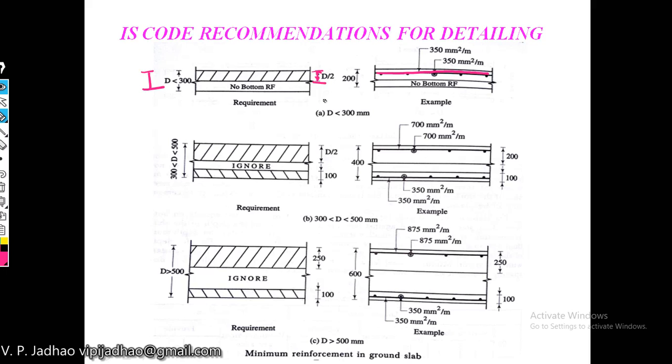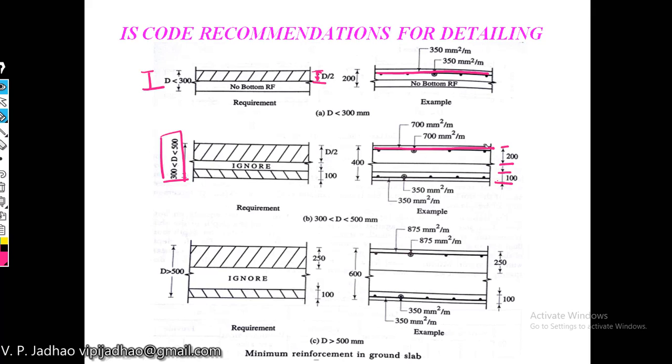Whereas if it is between 300 mm to 500 mm, then the top reinforcement will cover 200 mm depth, and the bottom reinforcement will be for 100 mm.